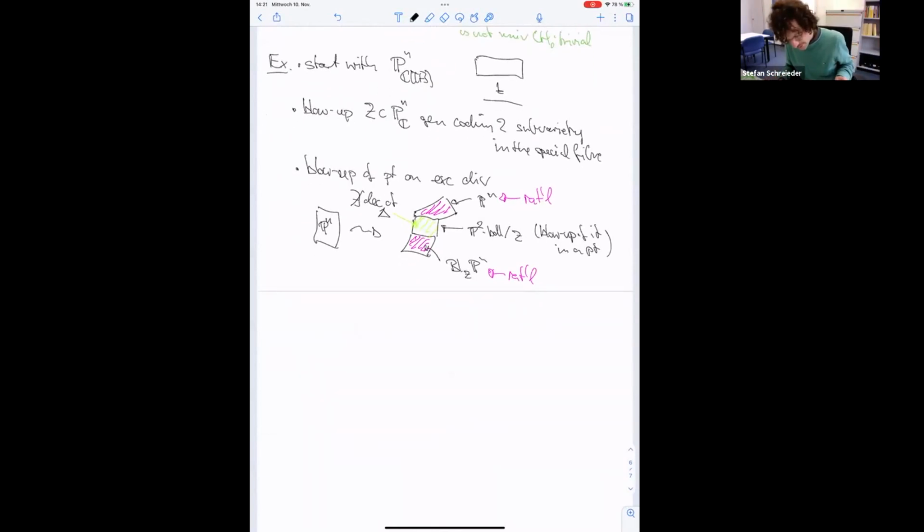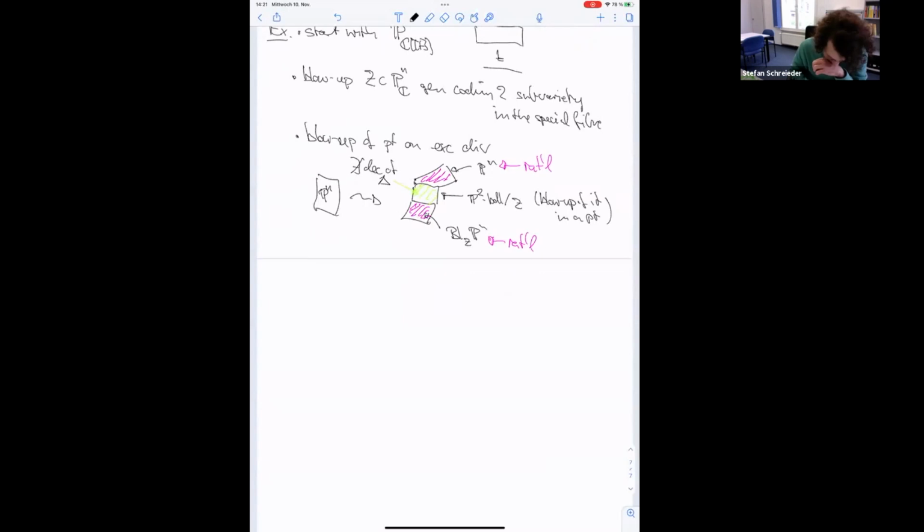Okay, and now while writing down that example, I'm a bit puzzled about what I want to do now. Okay, so sorry, Jared, I prepared something, but I think there is an issue.